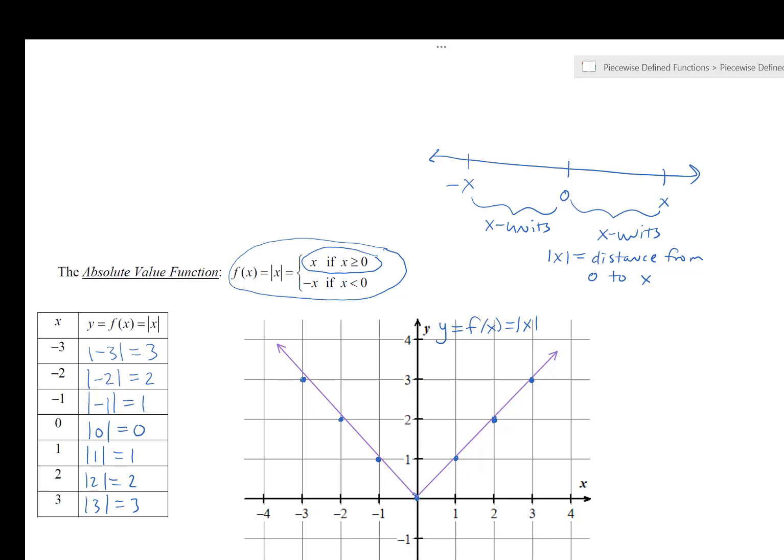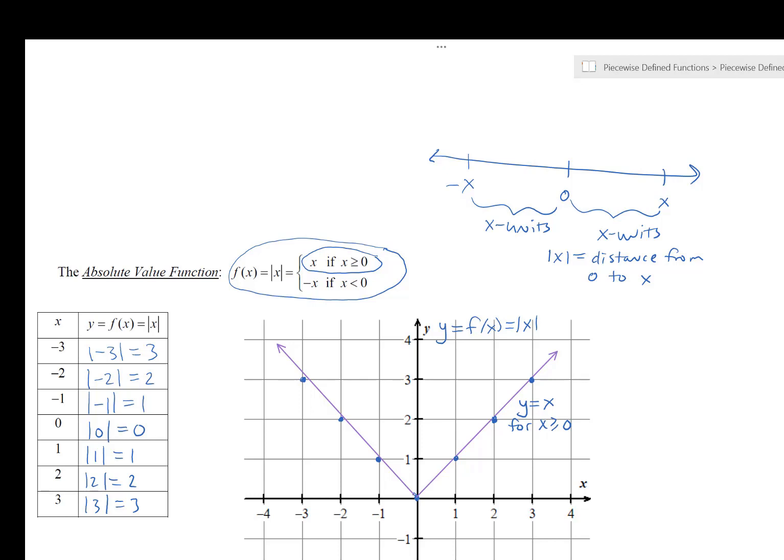And we saw that. If x was 1, the absolute value of that was 1. If x was 2, the absolute value of that is 2, and so on. That is the part of the line in quadrant 1. So in quadrant 1 over here, this is the graph of the function y equals x, and that's true if x is bigger than or equal to 0.